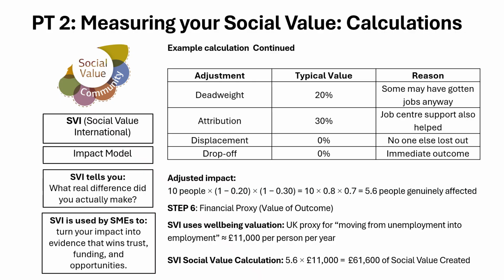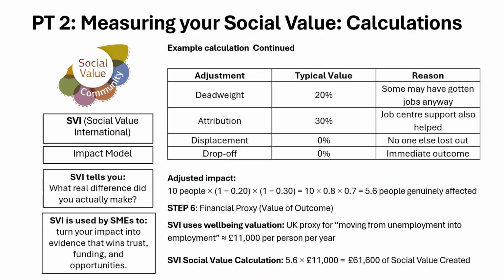So the dead weight being 0.8 and the attribution being 0.7. And when you calculate that, that's 5.6 people generally affected. So out of that 10 people, once you've removed all the adjustments and done all the calculations, it is believed from this example that 5.6 people have been impacted.